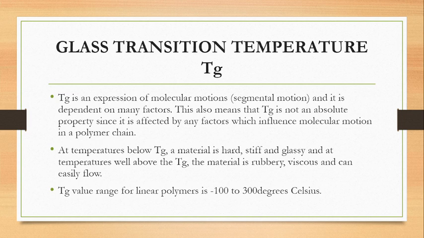Now we say TG is an expression of molecular motions, meaning for the polymer to change from the amorphous form, which is still a solid, to a more fluid stuff, there must be molecular movement, meaning particles within the polymer must begin to move. And that movement is called the segmental motion.